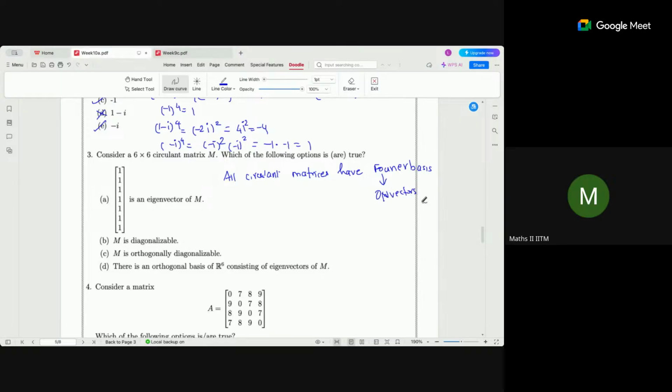It means we have an orthonormal basis consisting of eigenvectors, an orthonormal set of eigenvectors.